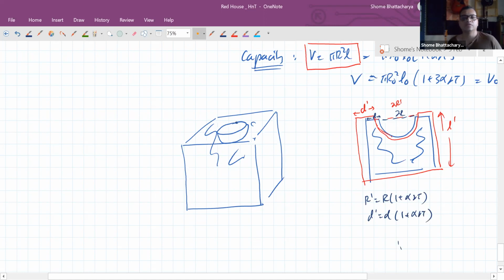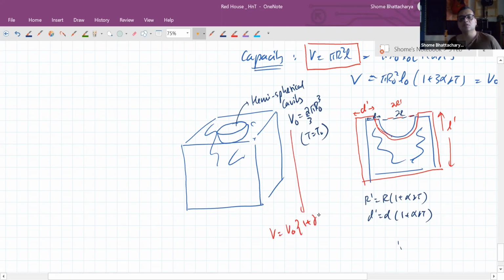Okay, like this. So if you had a hemispherical cavity, and this had a volume of 2 by 3 pi r naught cube at t equal to t naught, this volume at the new temperature will become v naught 1 plus gamma delta t at t equal to t naught plus delta t, because that radius would become r naught 1 plus alpha delta t.